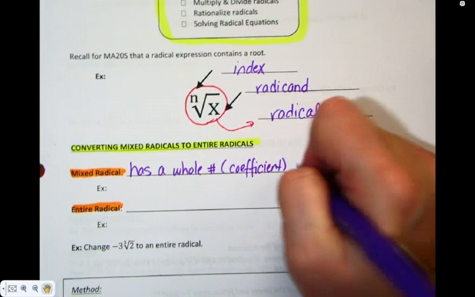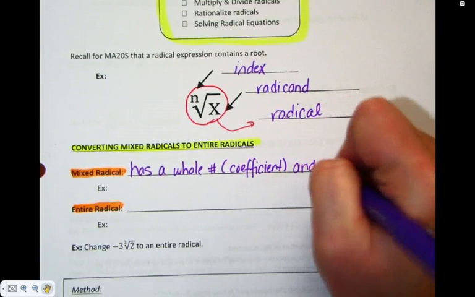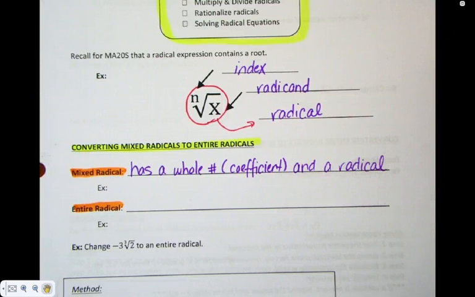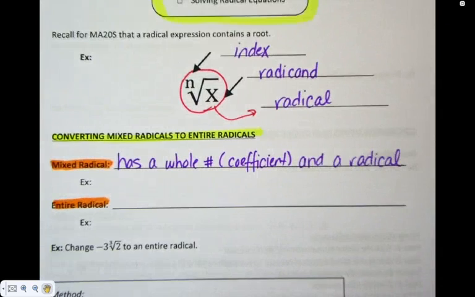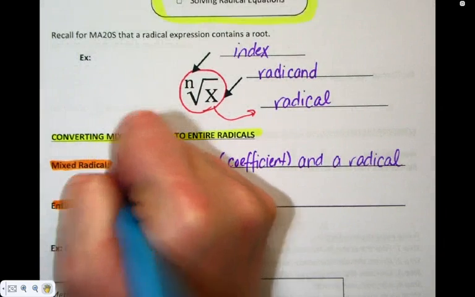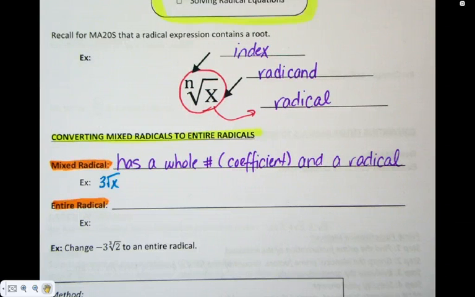And a radical. So an example of a mixed radical, for example, could be 3 root of x. 3 times radical x. 3 times the square root of x.